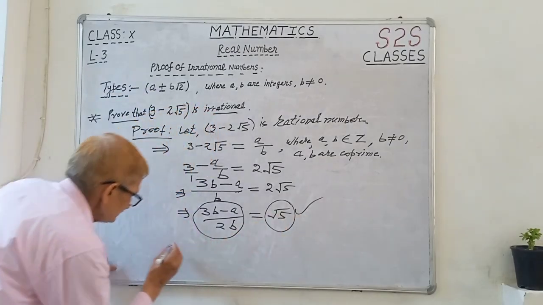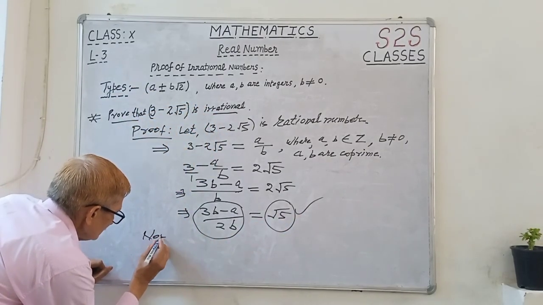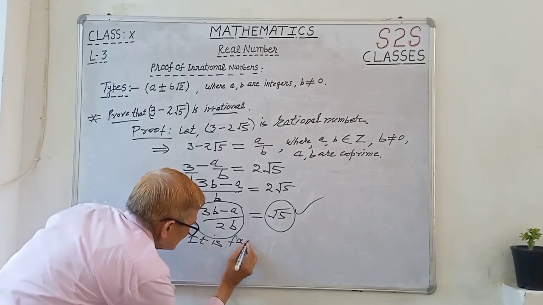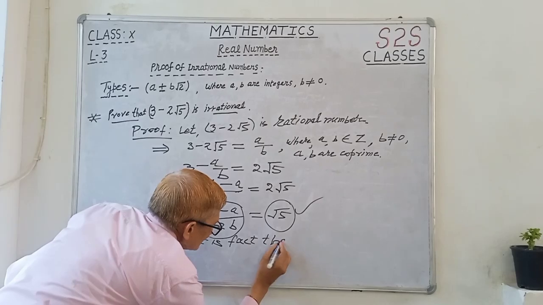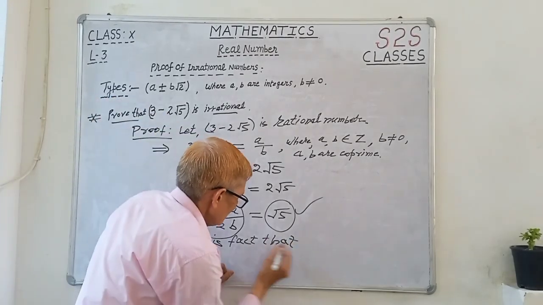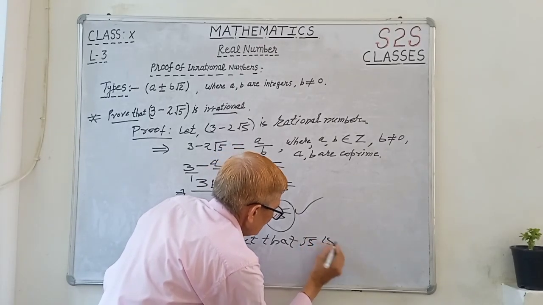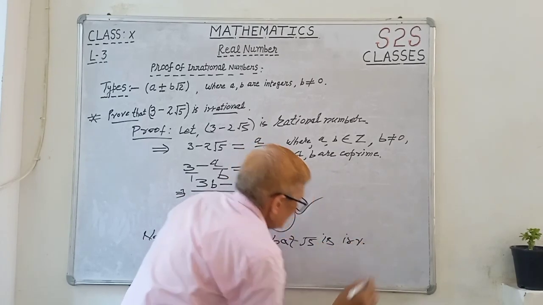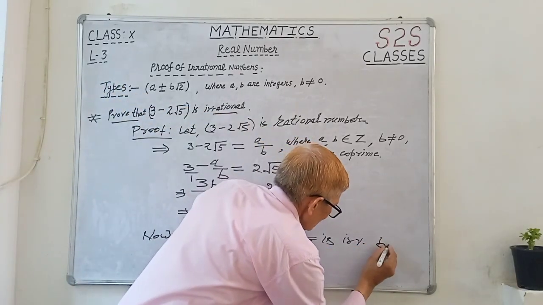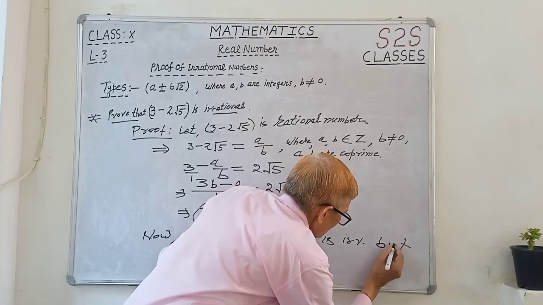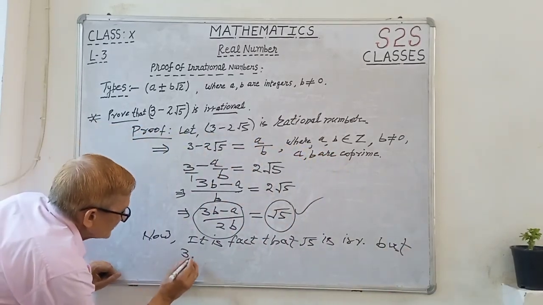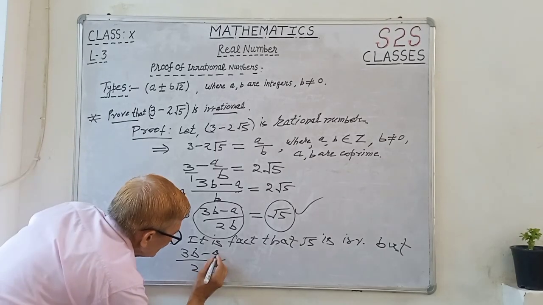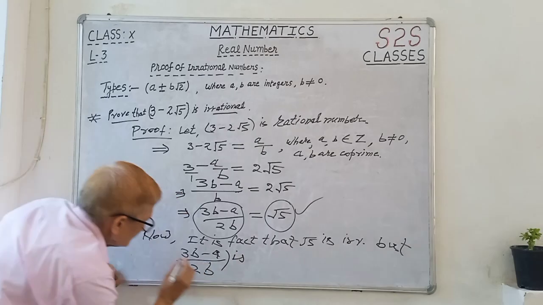It is a fact that √5 is irrational, but (3b minus a) upon 2b is rational.